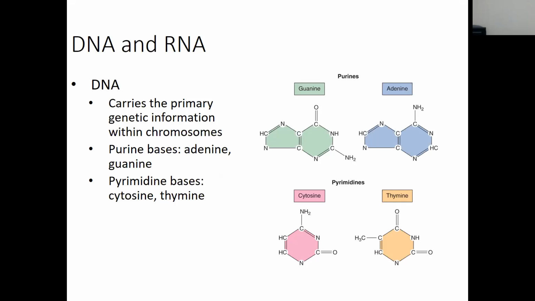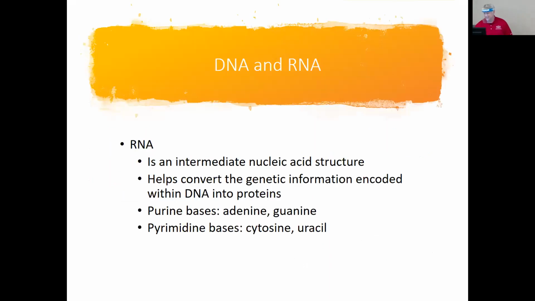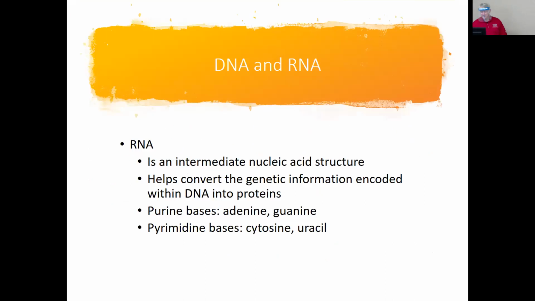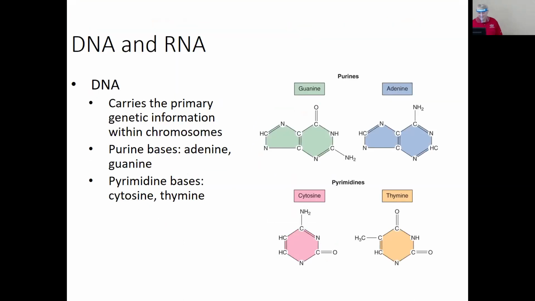Well, it could be; it will be here in a little bit, because it takes the place of who? The T gets replaced by uracil, right? For RNA? Is that correct? It's one of the two bottom ones.